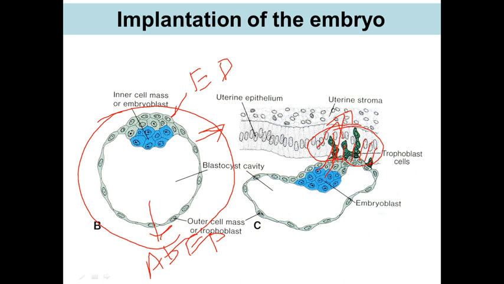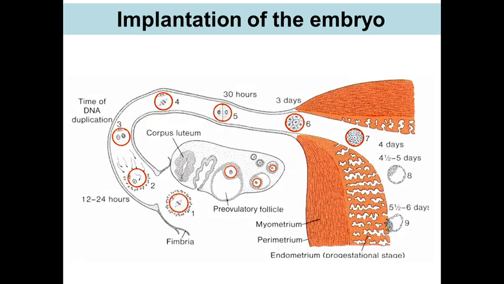Fertilization occurs in the ampulla of the uterine tube. Once fertilization occurs, the zygote moves from the 2 cell stage to the 16 cell stage, morula, then blastocyst.